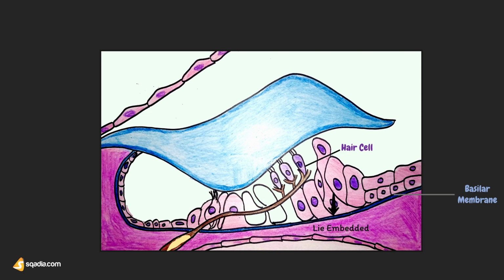Or, in other words, hair cells lie embedded within the basilar membrane. But tectorial is a membrane, that is, a fibrous sheet overlying the apical surface of the cochlear hair cells. Or, in other words, tectorial membrane lies over the hair cell.